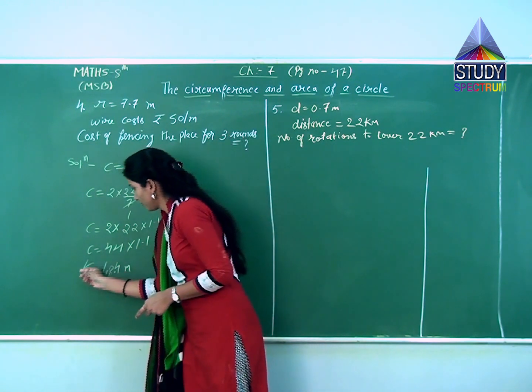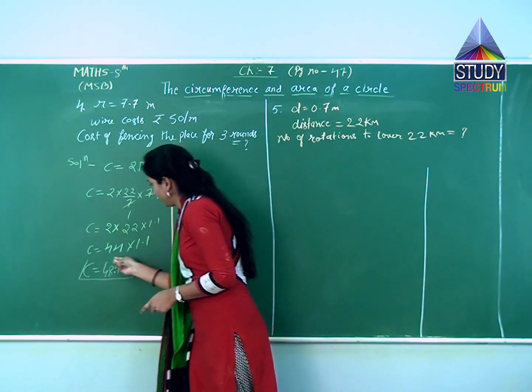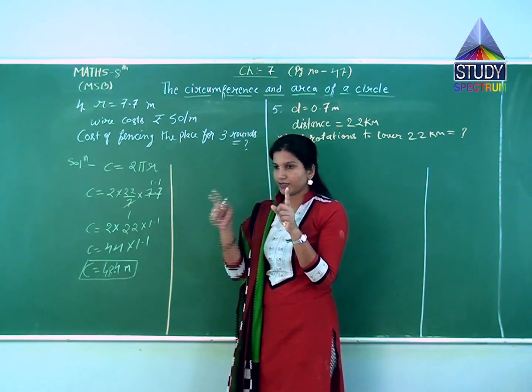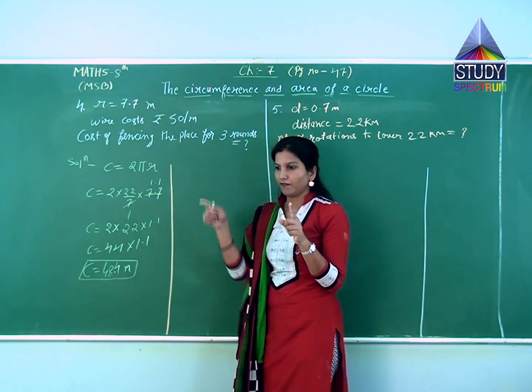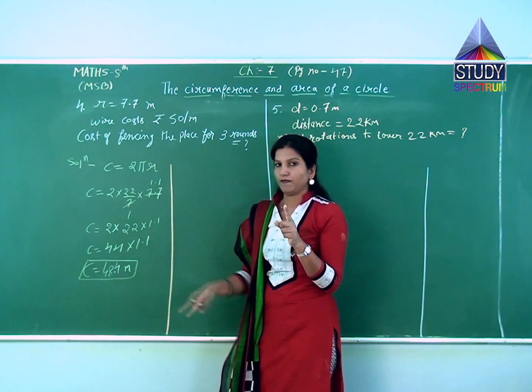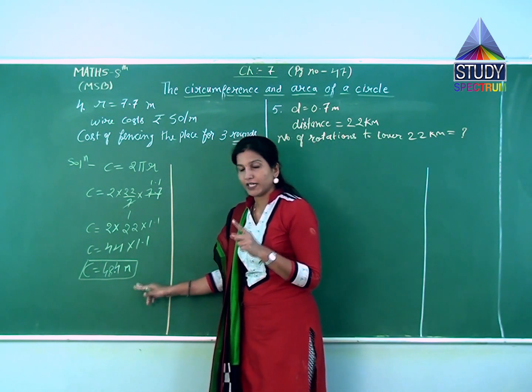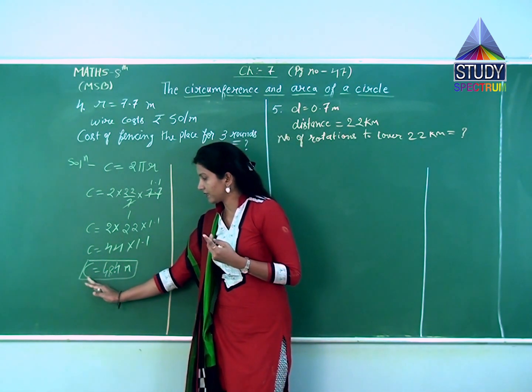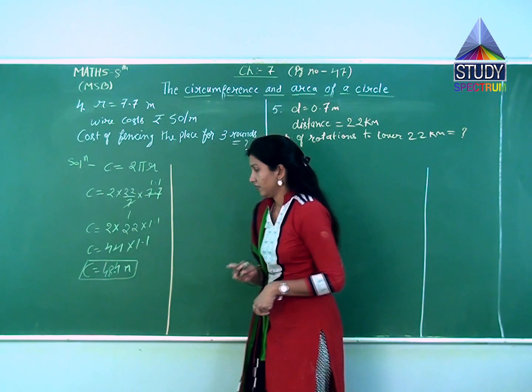Now this is the circumference for only one round, because it is a circular place and one round completes this circumference. But if you want 3 rounds, you have to multiply this circumference by 3.